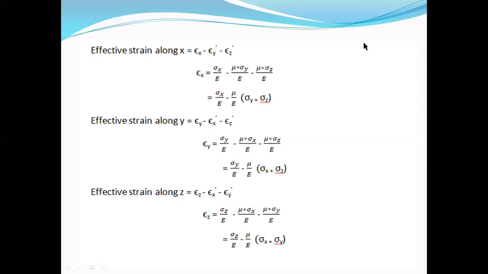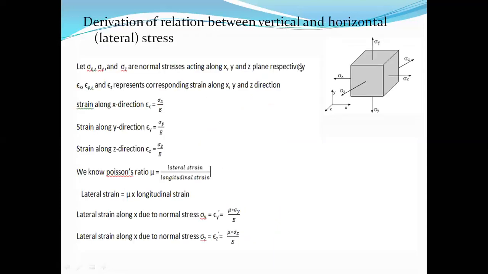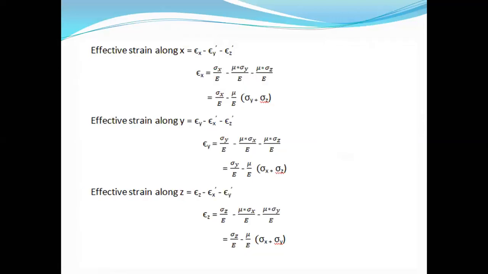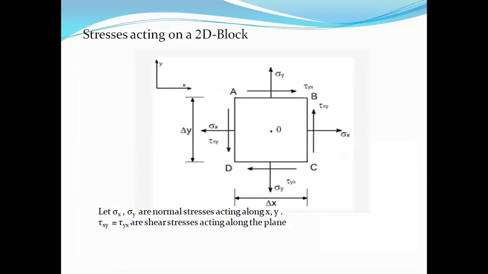Let's continue. So far we discussed the relation between the vertical as well as the lateral strains, and how to derive that. Now let us analyze a 2D block. What are the stresses that are acting?